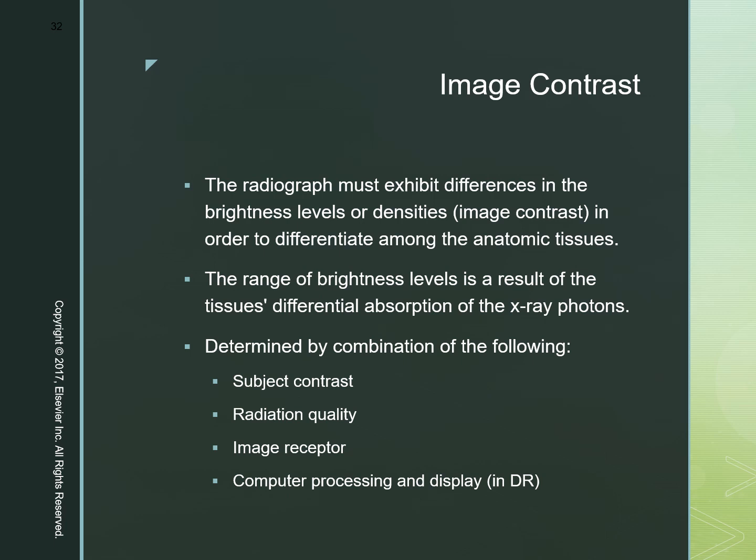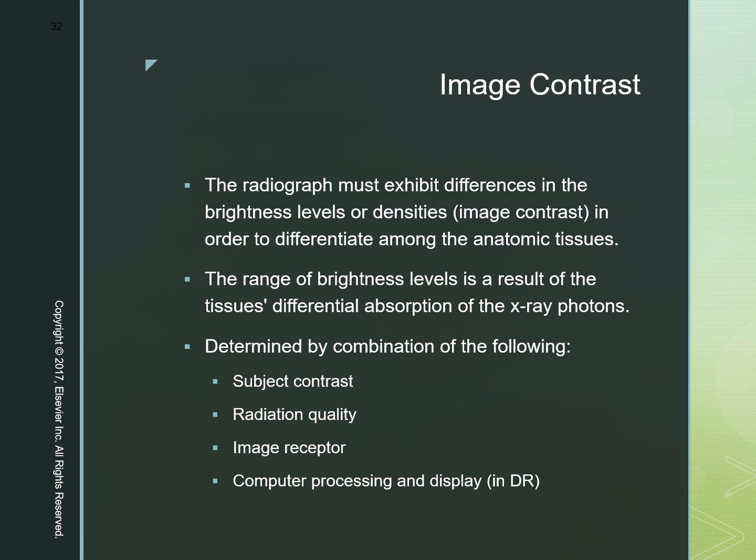Okay, contrast. The radiograph must exhibit differences in brightness levels or densities, and we call those differences in densities our grayscale. And this contributes to our image contrast. Our image contrast is going to be dependent on the subject contrast, the beam that we use, and how much fog or scatter we have.